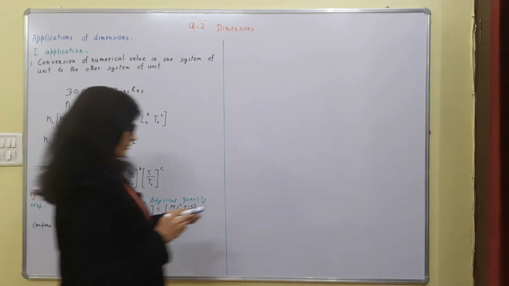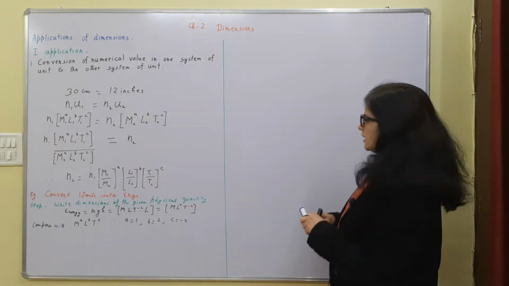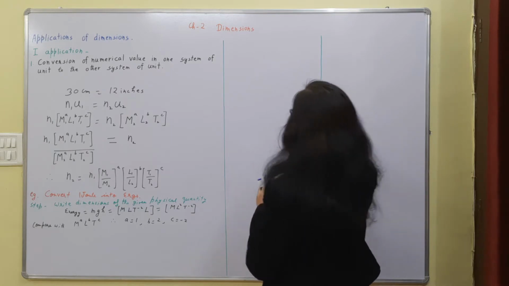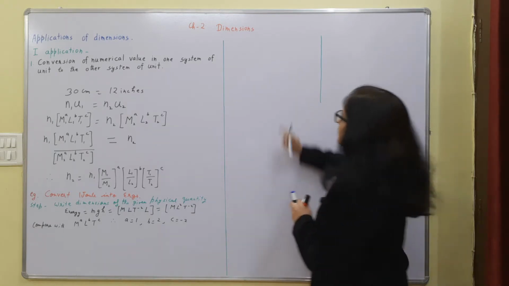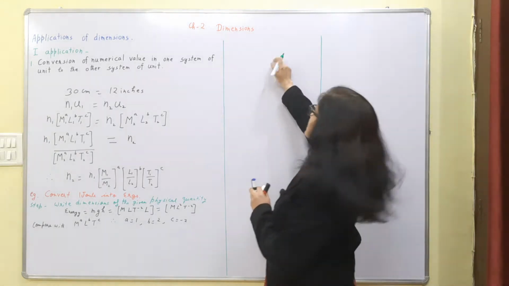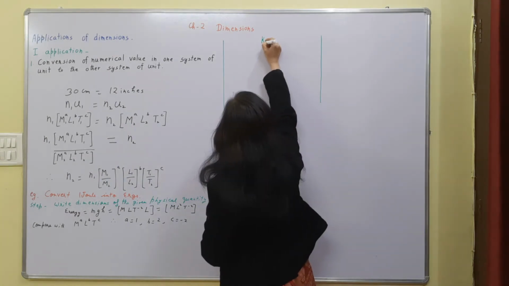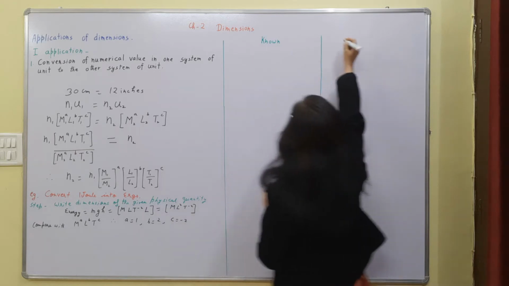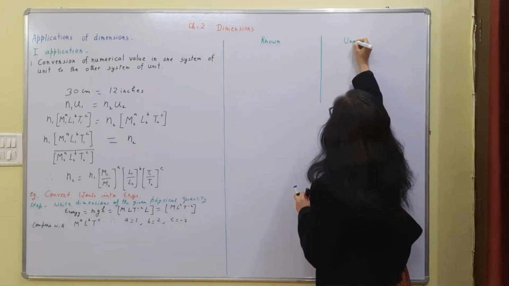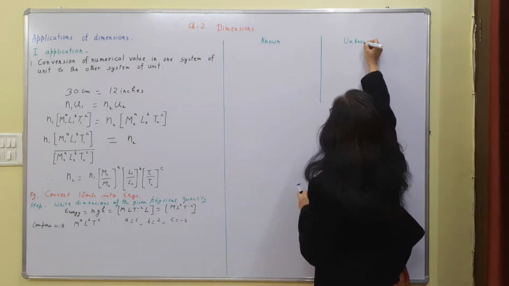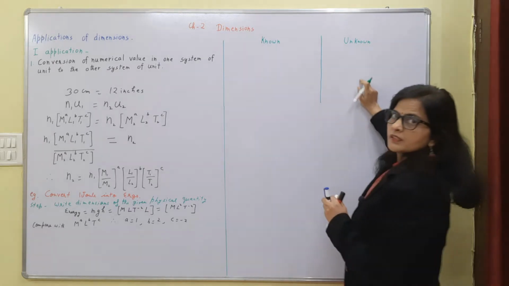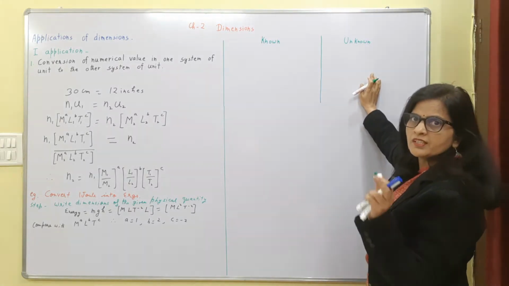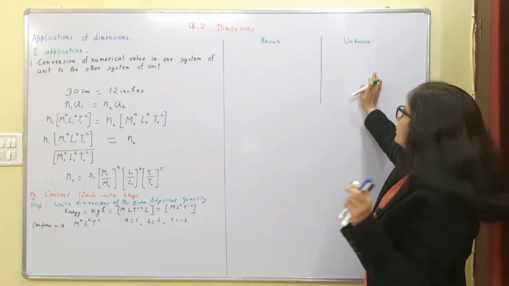Now the next step, a very important step. In this step, we will draw a table where we will divide it into two parts. This is the known system of units where the numerical value is known, and this is the part of the table where we will write the system of units in which the numerical value is to be calculated, right?